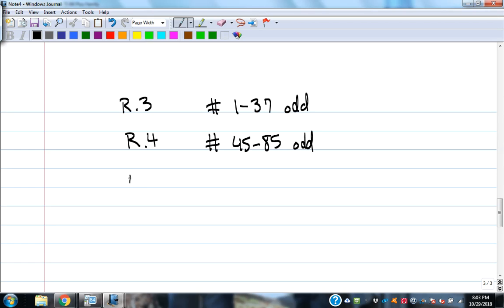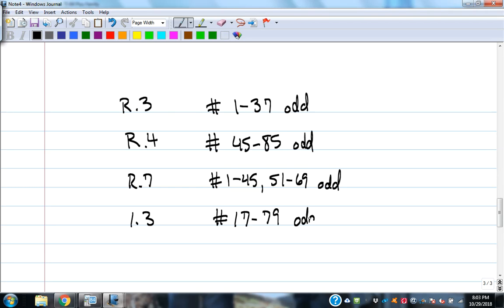And then R7, 1 through 45, 51 through 69. Odds on all those. These are just practice problems. You don't have to do any of these. And I'm not putting page numbers because they're different for different versions of the book, but that problem set should be pretty close to the same out of all those sections.